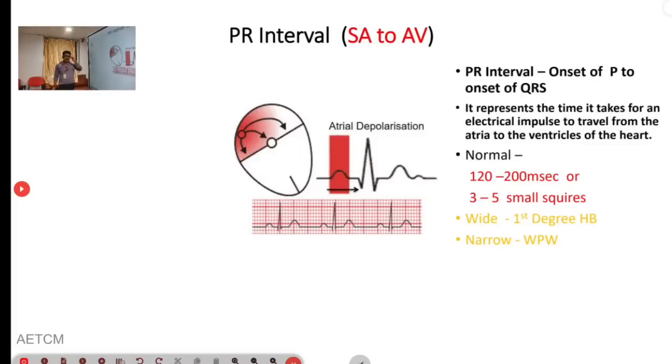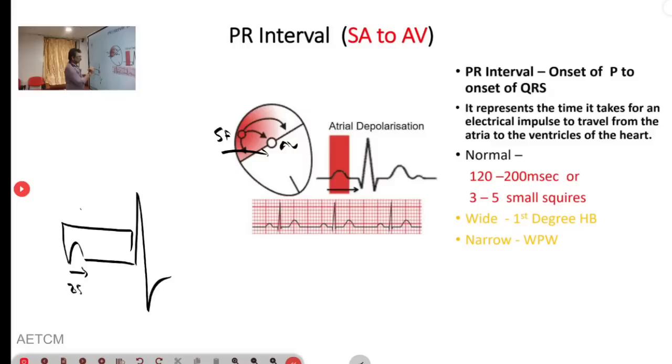Now next is the PR interval, the time taken from the onset of the P wave to the QRS complex, that is from the SA node to the AV node, time is taken. So that is the PR interval. Normal P wave maximum is 2.5 divisions. Here it is from here to here, maximum is 3 to 5 small divisions.